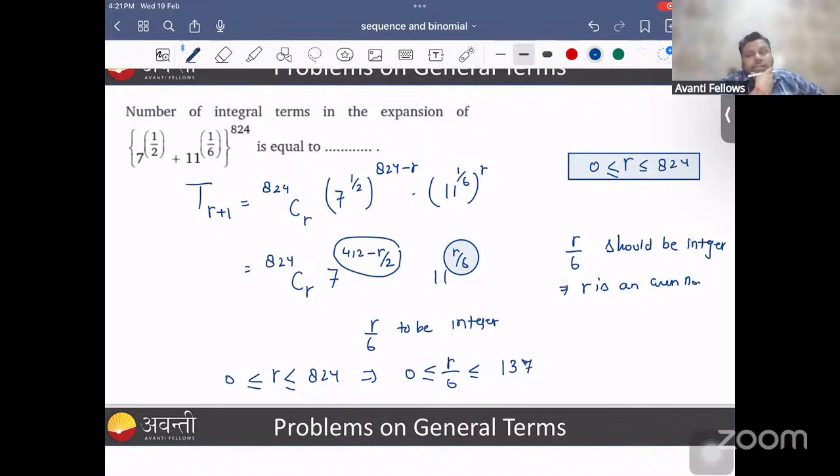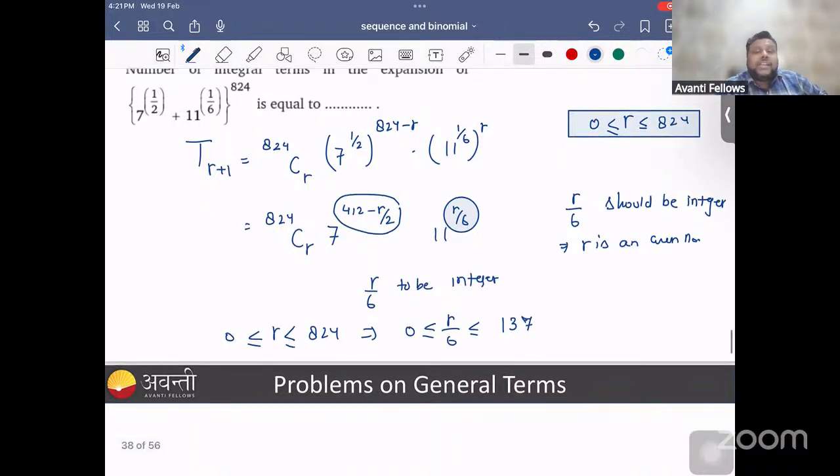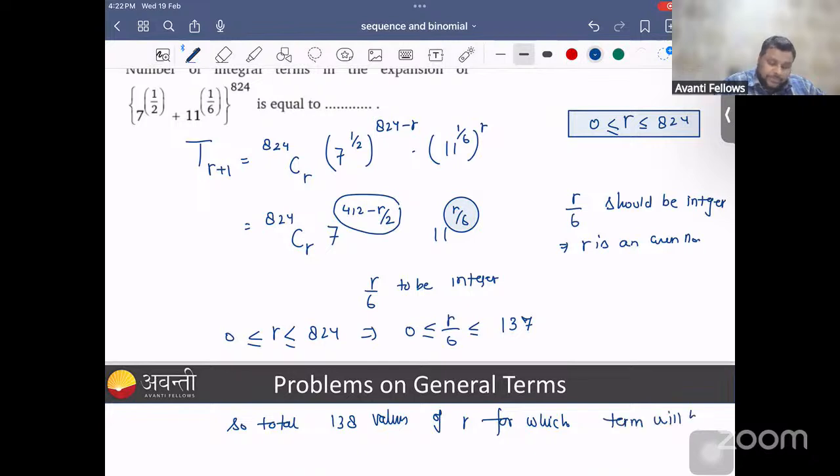Am I correct? So from 0 to 137, there are total 138 values of r. So total 138 values of r for which the term will be integral.